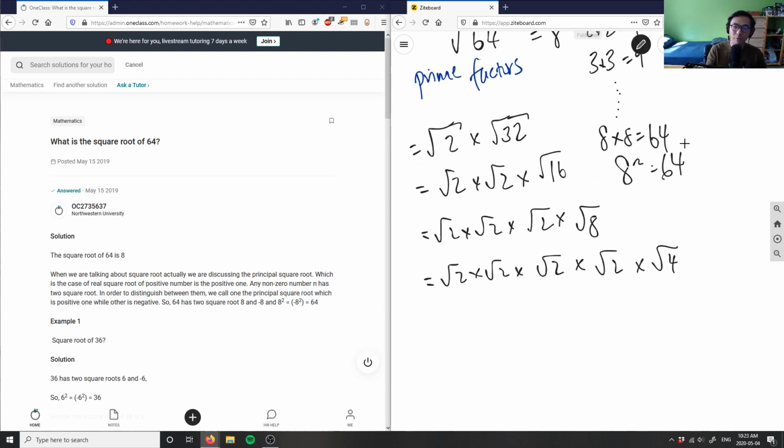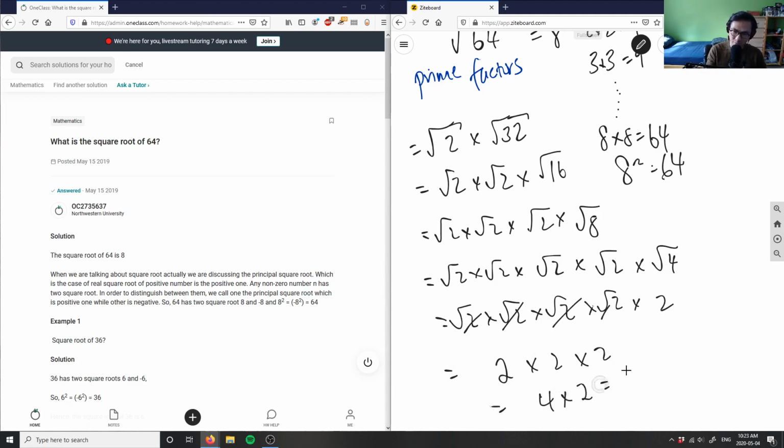And I know that root 4 equals 2. So 2 times 2 times 2, which is simply 4 times 2, which equals 8.